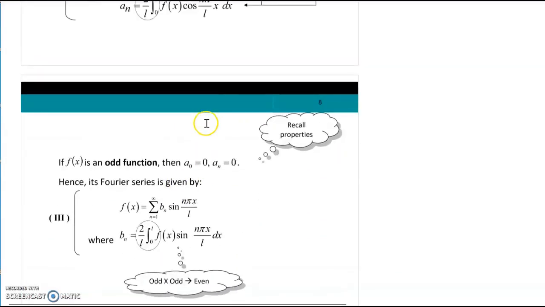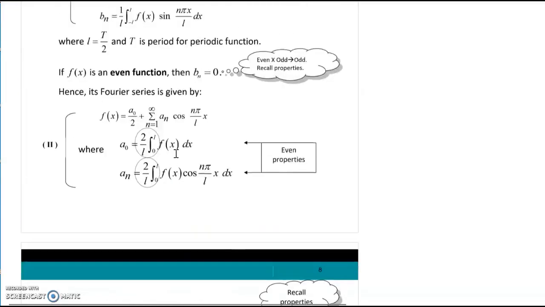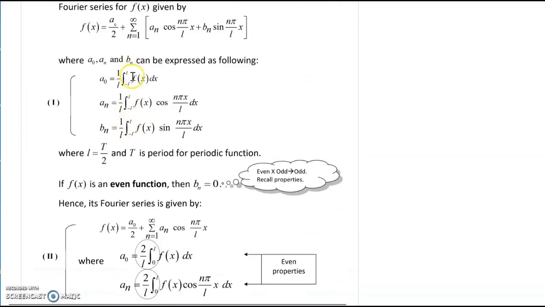Again, let us see the justification why a0 and an are 0. This is the general formula. If your f(x) is an odd function, again back to the property, the integral of an odd function from negative L to L is 0. The same thing here: f(x) is an odd function, multiplied with the cosine which is even, so odd times even is odd.